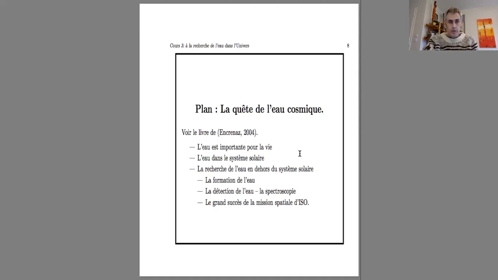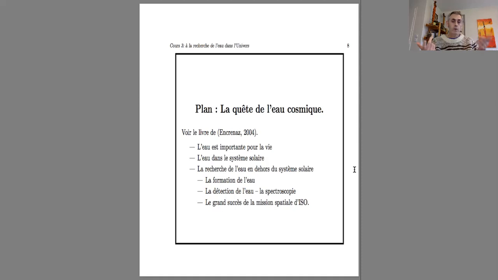And here's an outline of what we'll talk about in this part of the class. We'll talk about the importance of water for life as we know it here on Earth, the presence of water in the solar system. And then I'll talk about the search for water beyond our solar system.